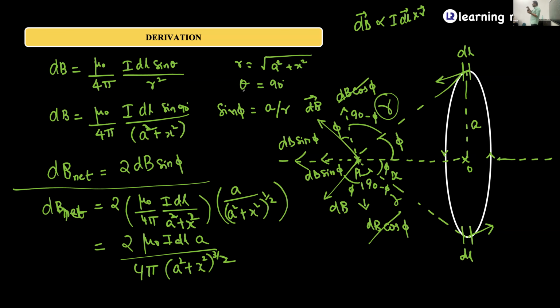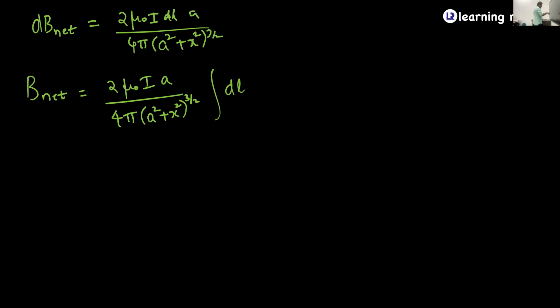So when you're doing the integration here, you're actually adding all those values in such a way that each dL, that is white individually, green individually, is able to cover how much distance? It is only able to cover half of the circumference. So the limit that you're going to take with respect to dL should be from 0 to half of the circumference, which should be pi into A. You should not take 2 pi A, which is a common mistake that is done.